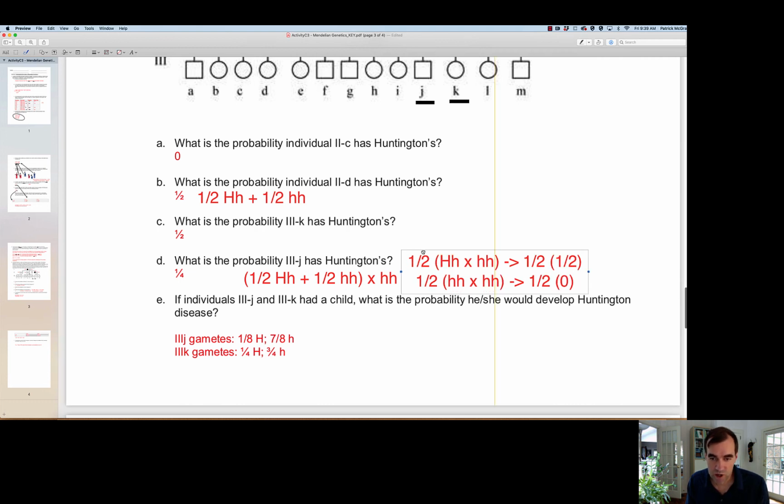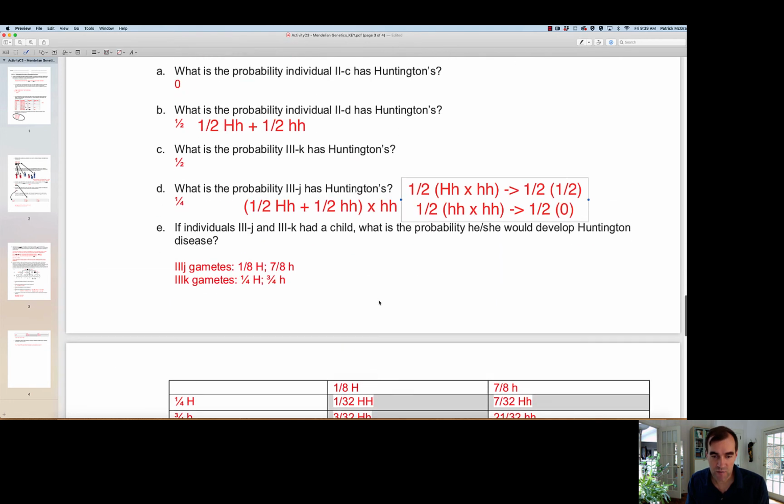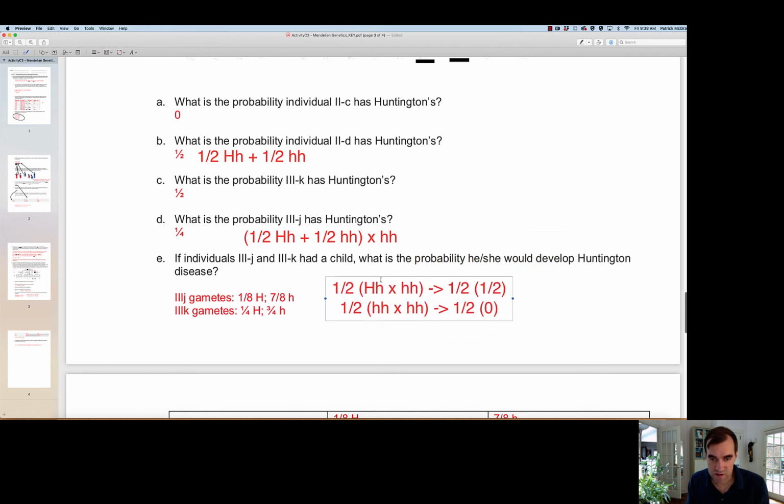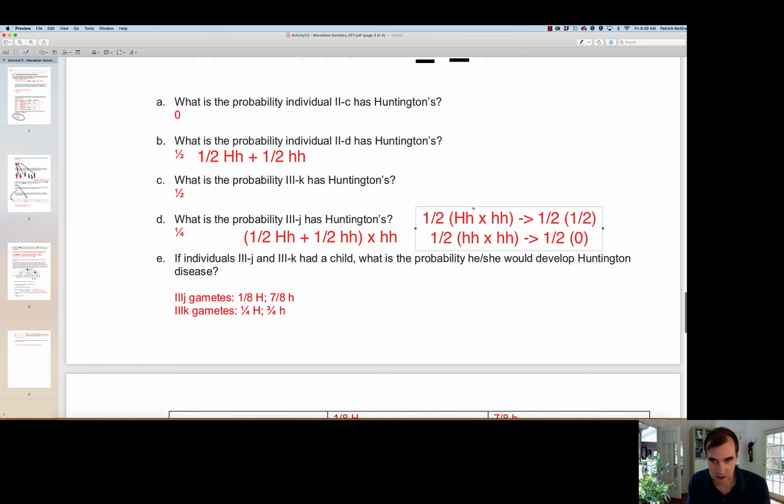So what we want to do here is follow this same approach. And so the first thing we need to do is specify the possible genotypes of the parents. So 3J and 3K.